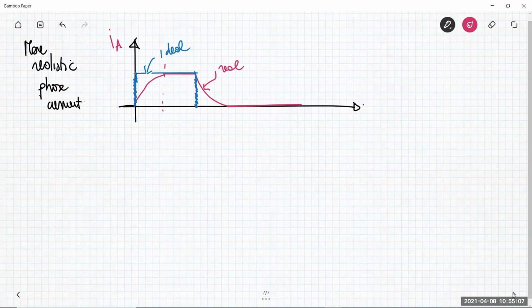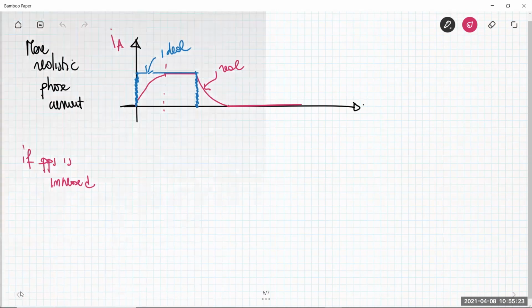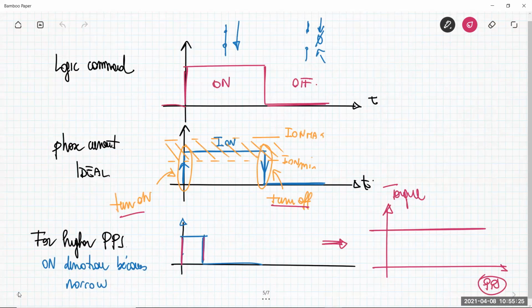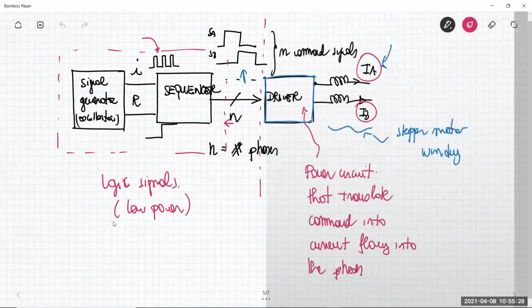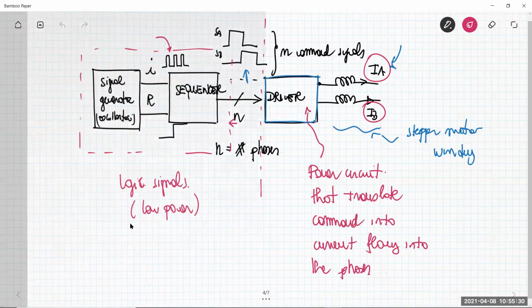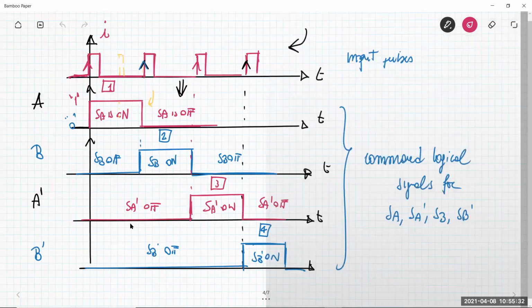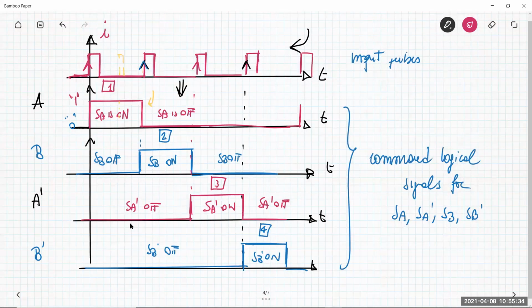So what happens when you increase the pulses per second? In a specific situation, for example, let me just indicate here, as you can see, this is a graph. When you have another step here, the phase A is again to be on.